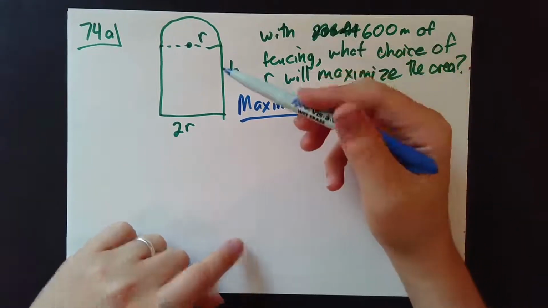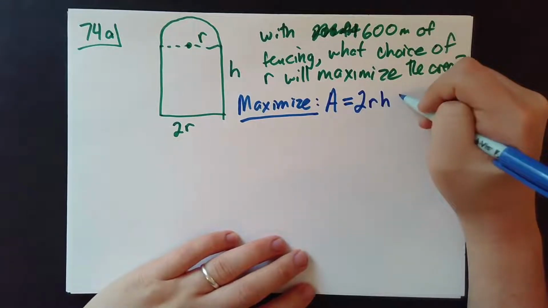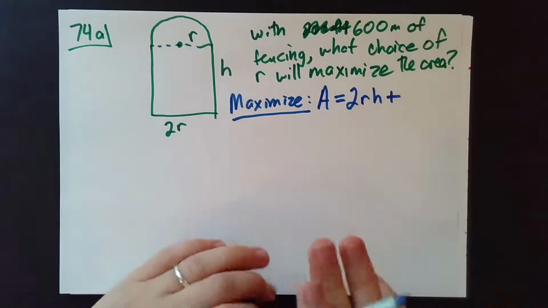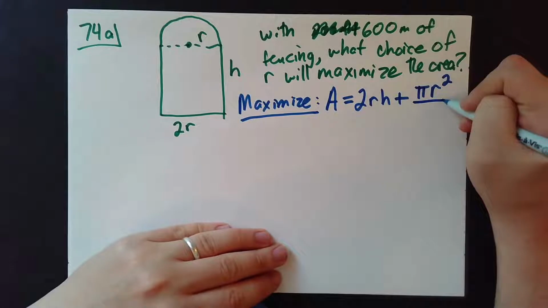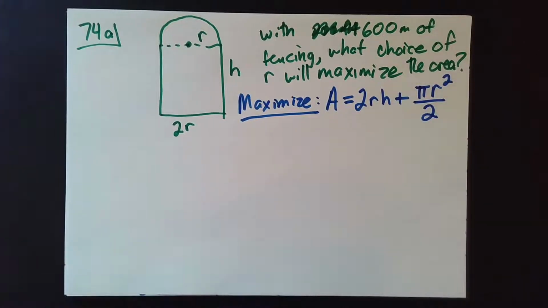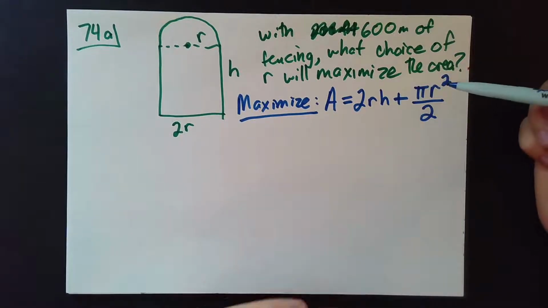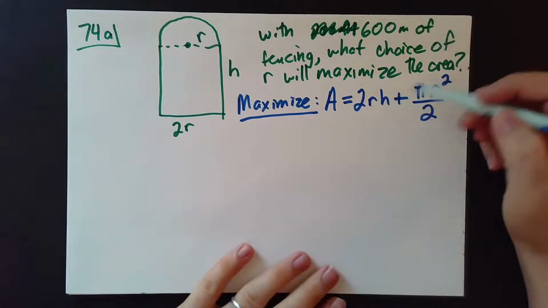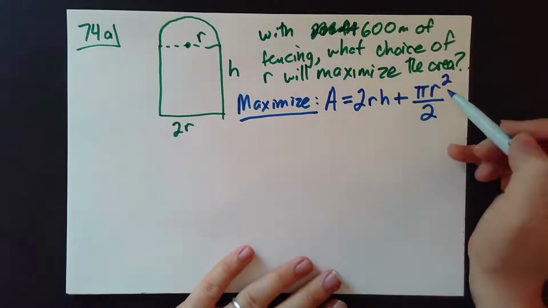The area is going to be the area of the rectangle, which is 2rh, plus the area of the semicircle at the top, which is going to be pi r squared over 2. So it's pi r squared over 2 because it's half of a circle, not a whole circle. So that's the thing I'm trying to optimize.